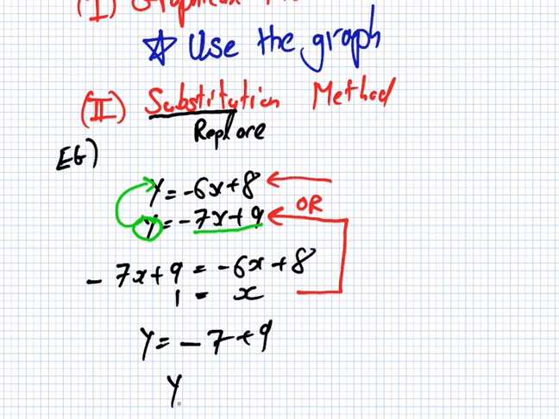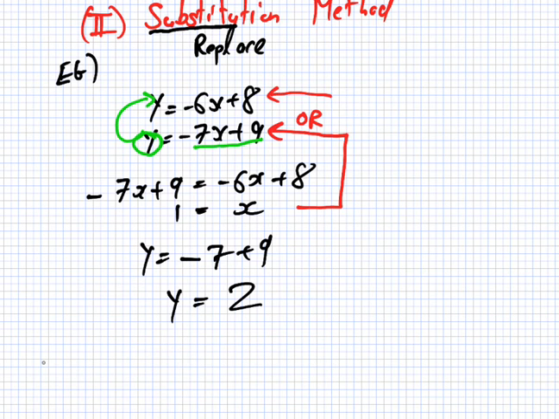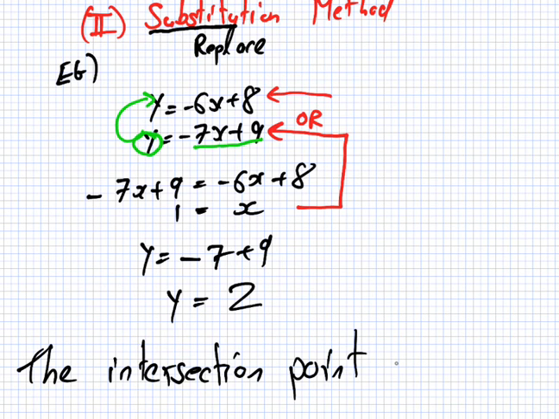So what does y equal? Positive 2. So the intersection point is 1, 2, which is what we thought it would be from the graph. So that's not so bad.